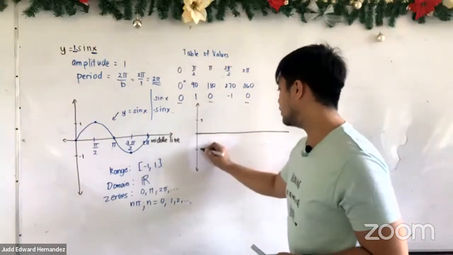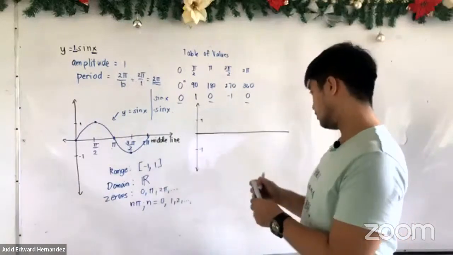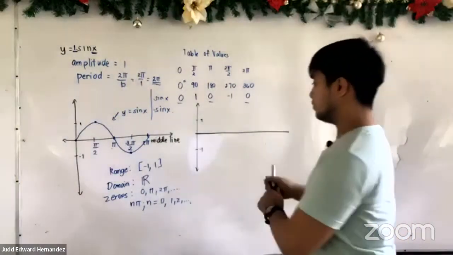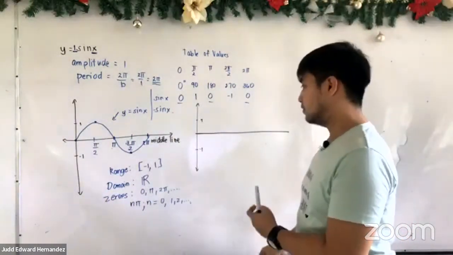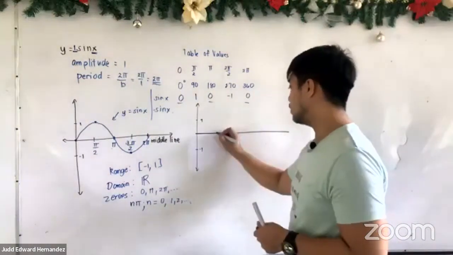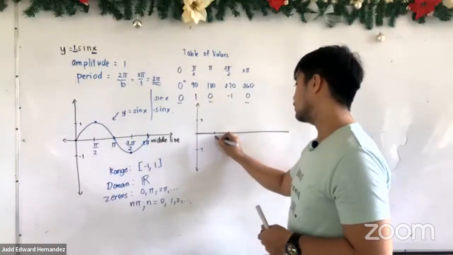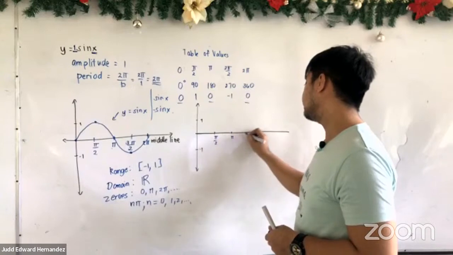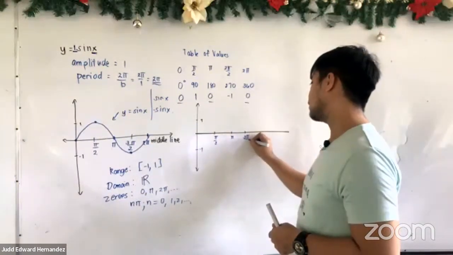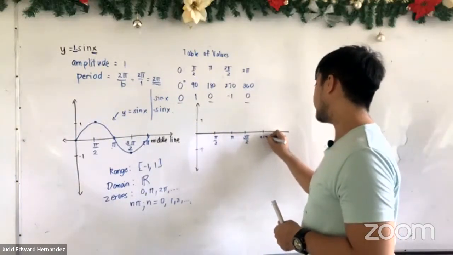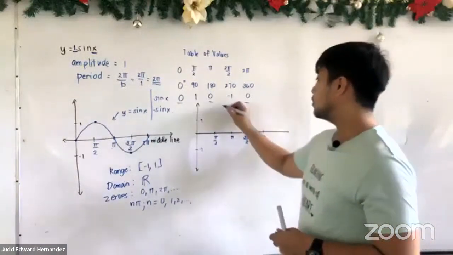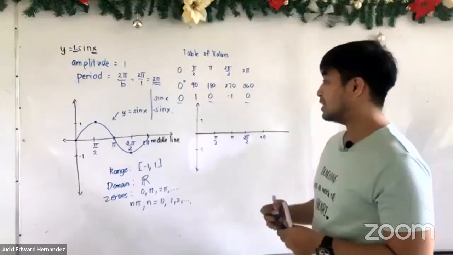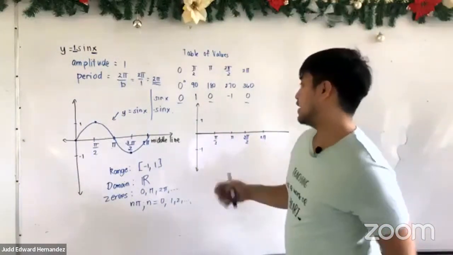This is positive 1. This is negative 1. We also have the x values, which are pi over 2, pi, 3 pi over 2, 2 pi. That is our middle line. We are now dealing with y is equal to negative sin x.